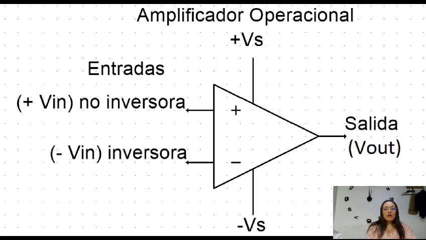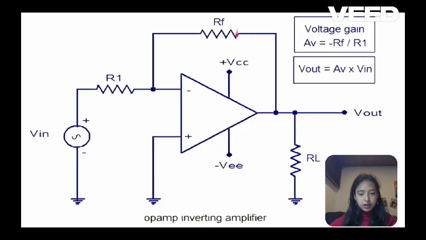Here is the op-amp symbol. Here we have an inverting configuration. We have elements like an input resistor, a feedback resistor, an input signal source, and of course the op-amp. The connection is that at one end of the input resistor we have the input signal source, and at the other end we have what we call the inverting input of the op-amp. The feedback resistor connects the op-amp output to the inverting input.